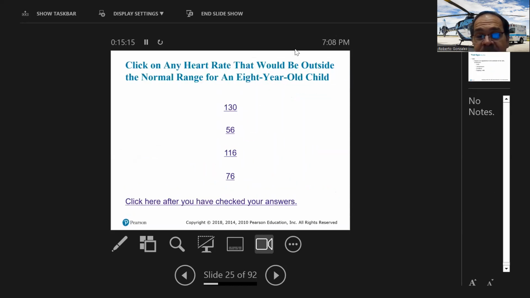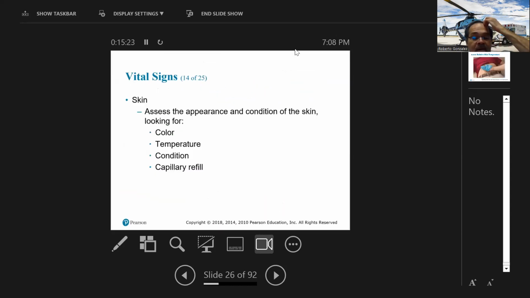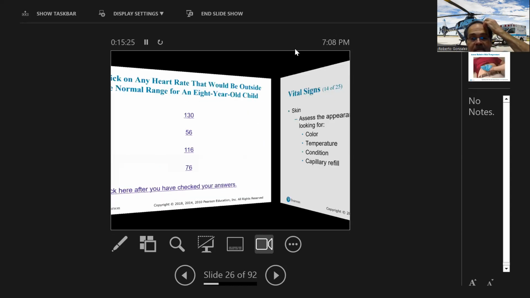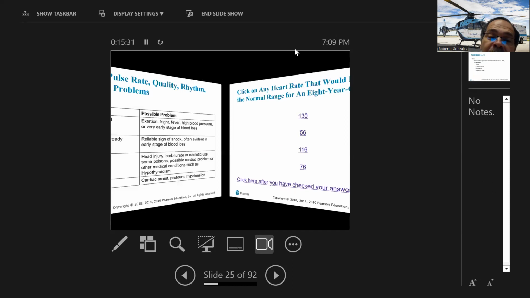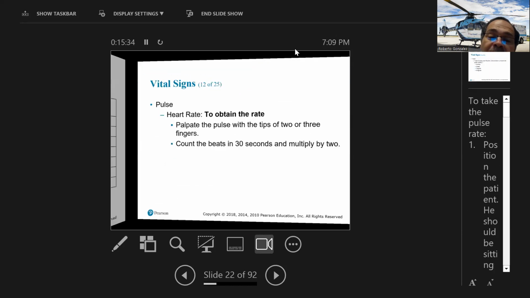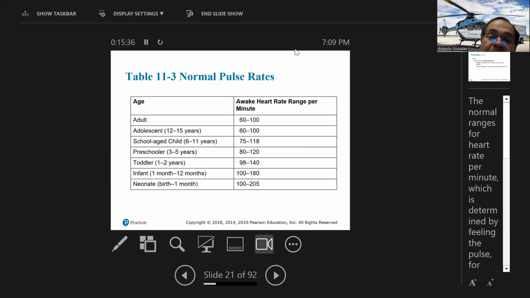So 76 is up there, 116 and 120, so it's 56 beats per minute. 130 is also high. Isn't it high for an 8-year-old? 130. Yeah.